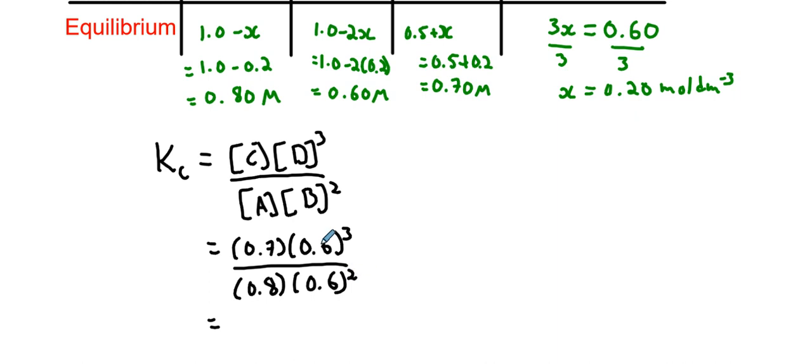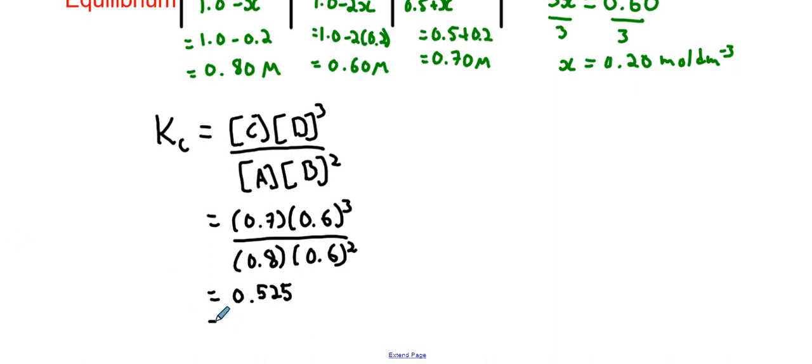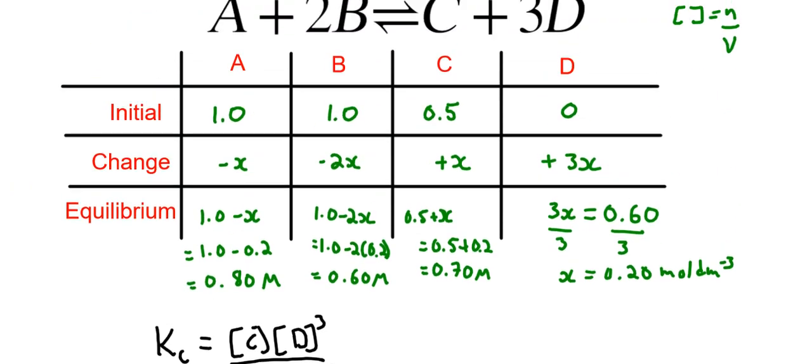It won't matter really if you notice that or not. It could make your life a little bit easier. If you punch this into your calculator, you should get 0.525. Okay? We were working with two significant figures throughout this problem, so I would write this as 0.53. And that will be the equilibrium constant for this reaction as shown up above here.